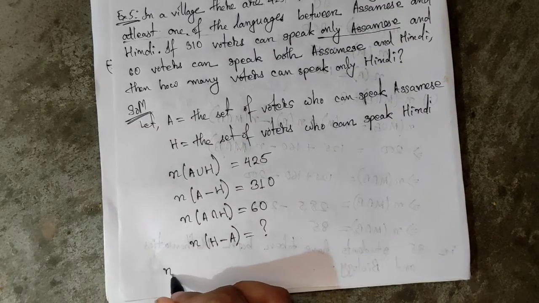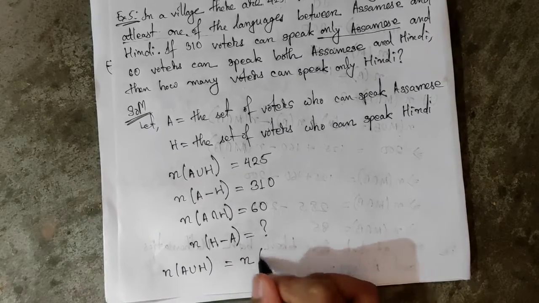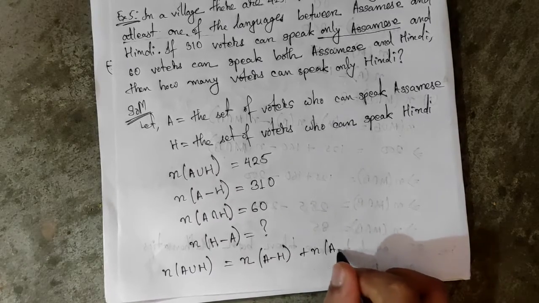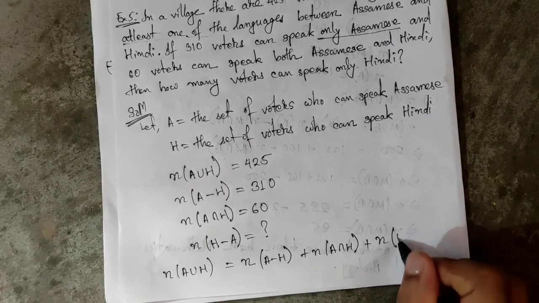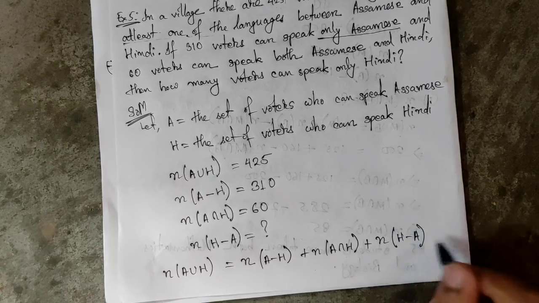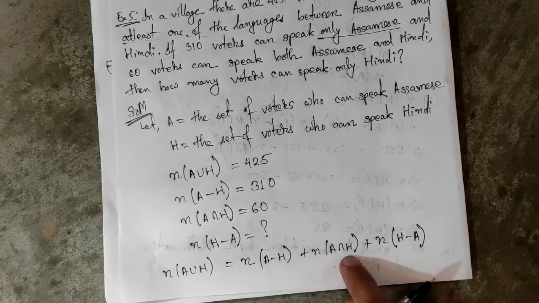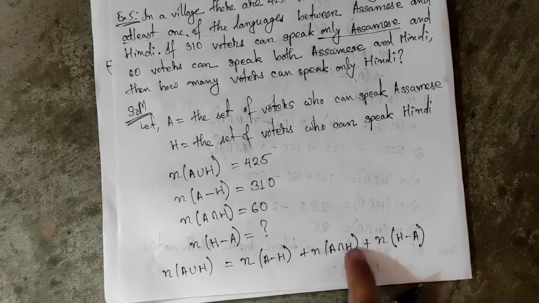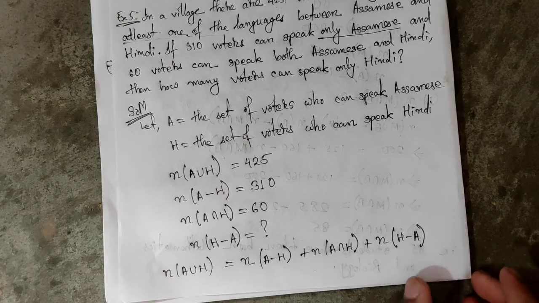Now n of A union H can be written as n of A minus H plus n of A intersection H plus n of H minus A. Yes, we have already seen this formula: n of A union B equals n of A minus B plus n of A intersection B plus n of B minus A. So in place of B we are writing H. These formulas we have already known.